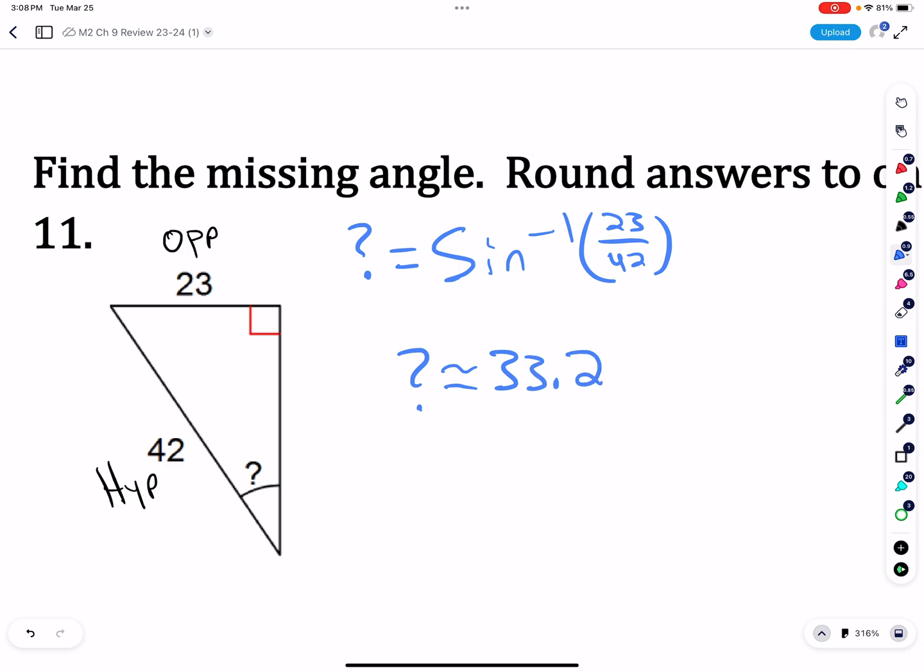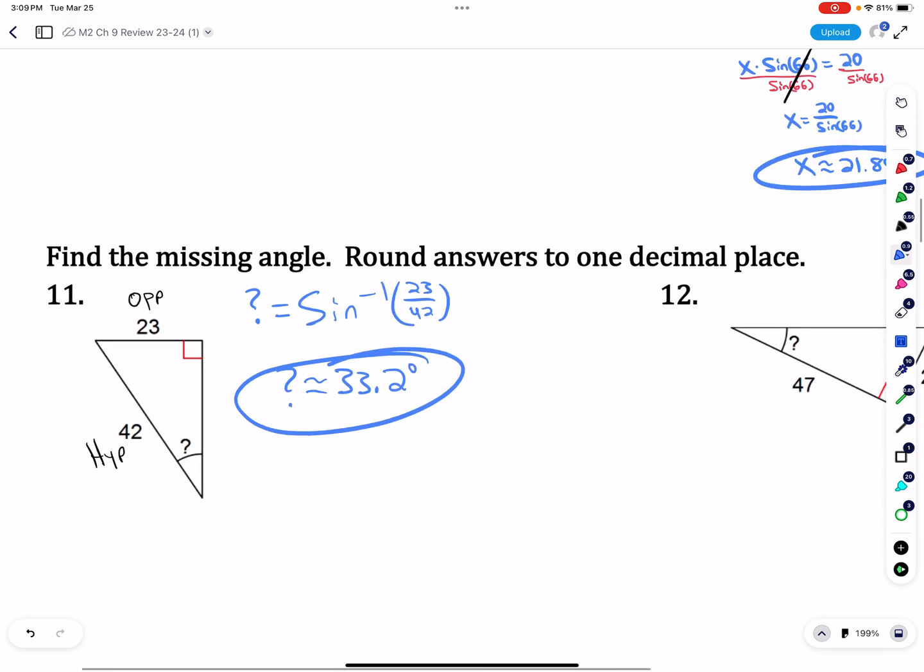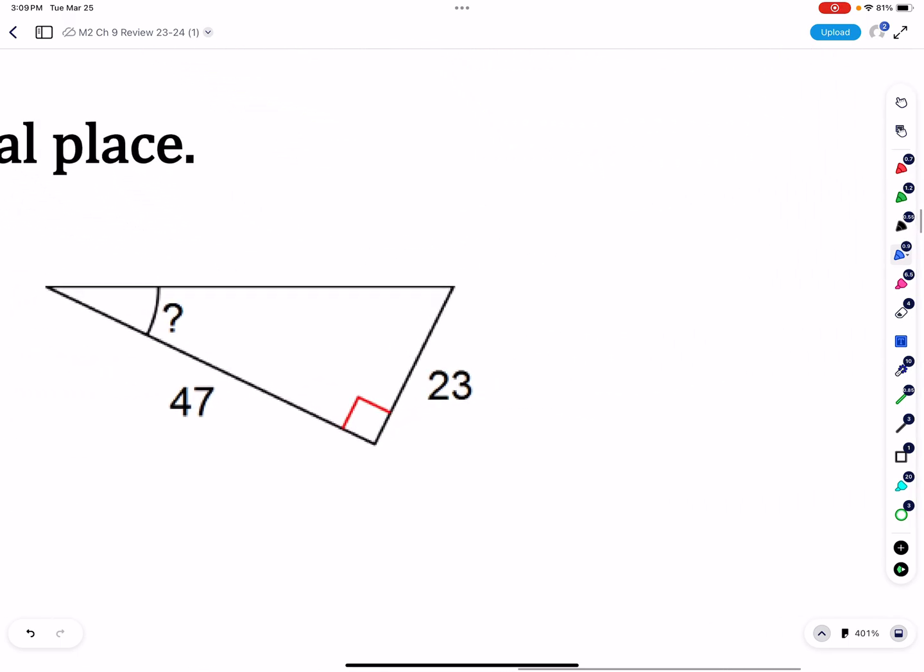Okay, so it's kind of nice when we're solving for an angle. It's a lot quicker, not as much algebra. Let's try another one, okay? So on this one, again, we've got to label our sides. So this would be my opposite side. This would be my adjacent. Well, that tells me I'm going to be using tangent.